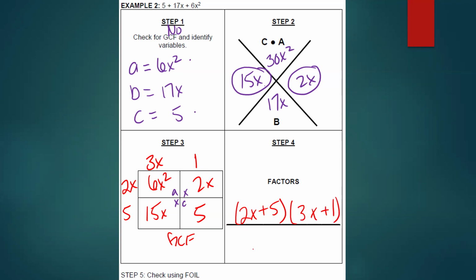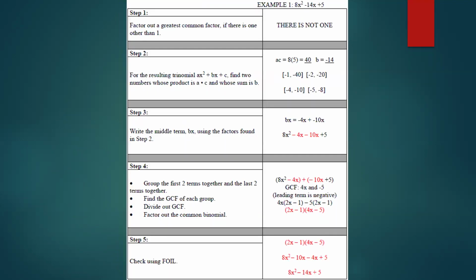If I didn't feel good about it, what would I do? I would check myself before I wreck myself. Okay, guys, this is considered the new school way of doing it. Grouping is how it was done back in my day. It takes away the visual of it, but it's the exact same steps, just without the X in the box.